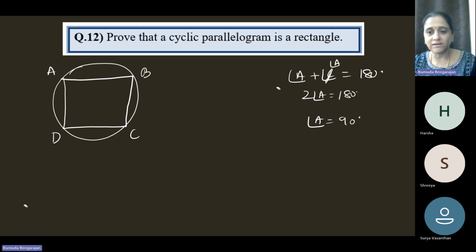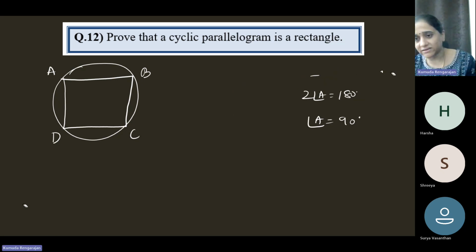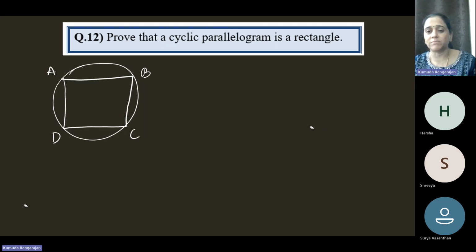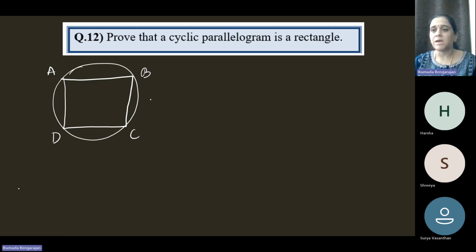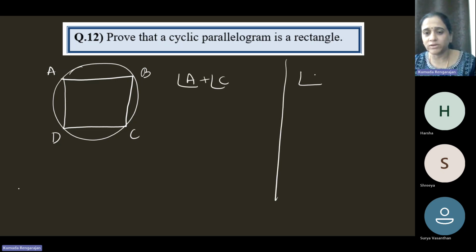It's a cyclic parallelogram, so it is cyclic and it's also a parallelogram. From the parallelogram being cyclic, we get this result: A plus C is 180, or you can even write angle B plus D is 180.